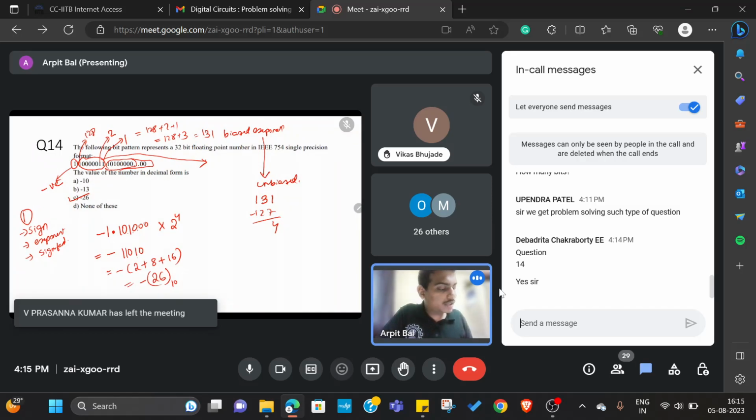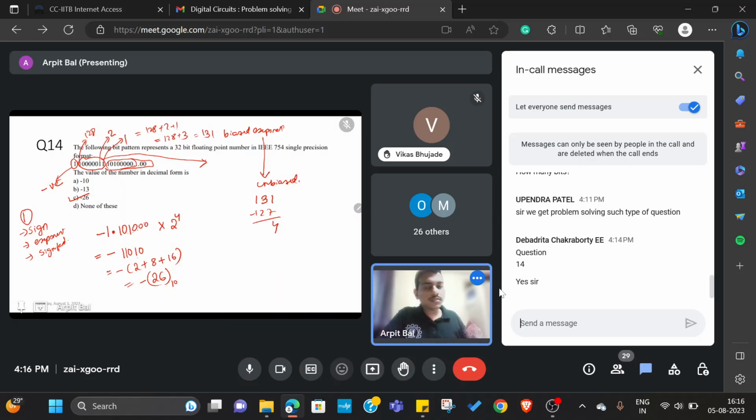Then I try to convert the exponent field. The exponent field mentioned here is actually the biased exponent field, right? So I need to convert the biased exponent field into the unbiased exponent field. I converted the biased exponent field into decimal format so that it will be easier to calculate.